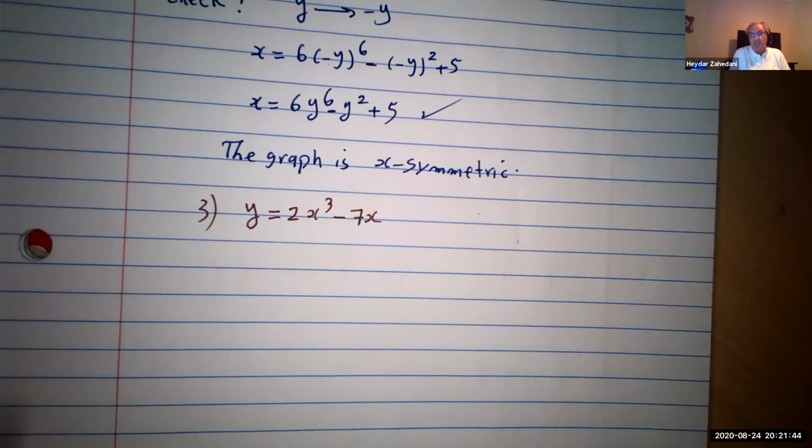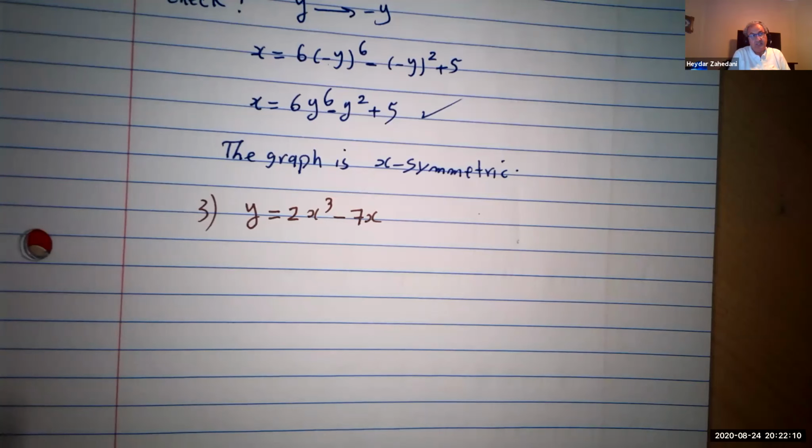So we are not going to check case 1 and case 2. It's not x symmetric. It's not y symmetric. You don't have to check it. You know it. Since they ask for the symmetric property, the third option is the only one that you have to test. It's not symmetric with respect to the x, and it's not symmetric with respect to the y.